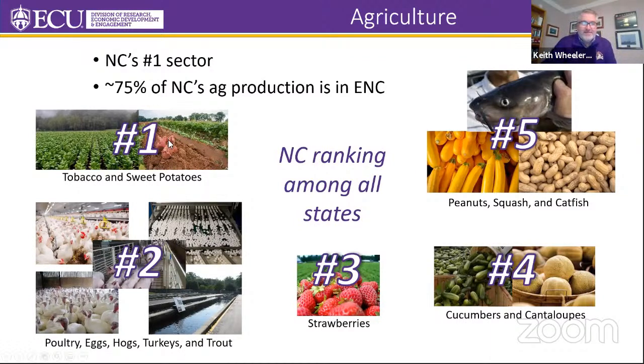And these are national rankings, not state rankings. We're number one in tobacco and sweet potatoes. We're number two in all of these, number three in strawberries, four and five. I don't have to read the slide to y'all.